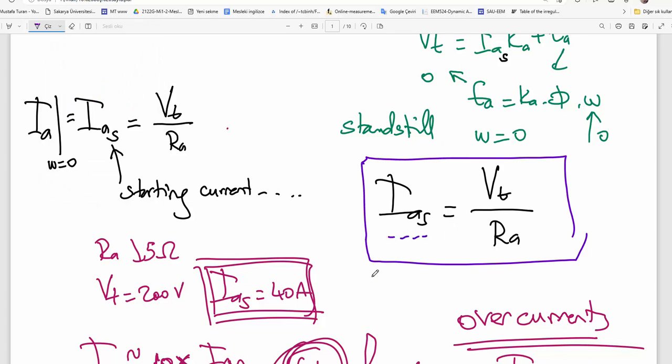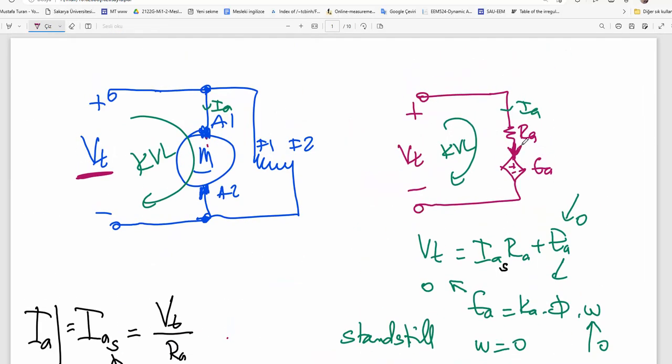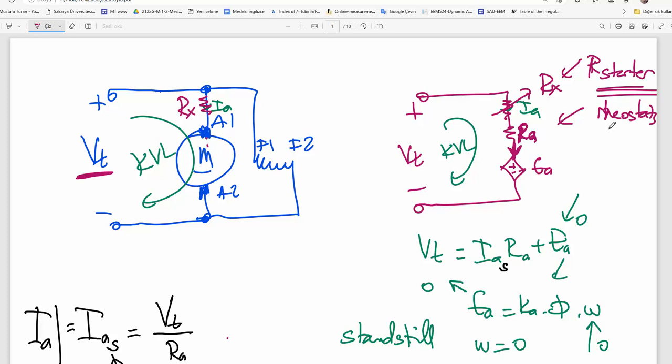For example, if you want to limit startup current, you can decrease terminal voltage, or you can increase Ra. Ladies and gentlemen, you have already manufactured or designed the machine. You cannot change Ra. Perhaps you can add some extra rheostat here, I mean a starter, R starter. Some startup resistances or rheostats will be included here in the armature circuit.